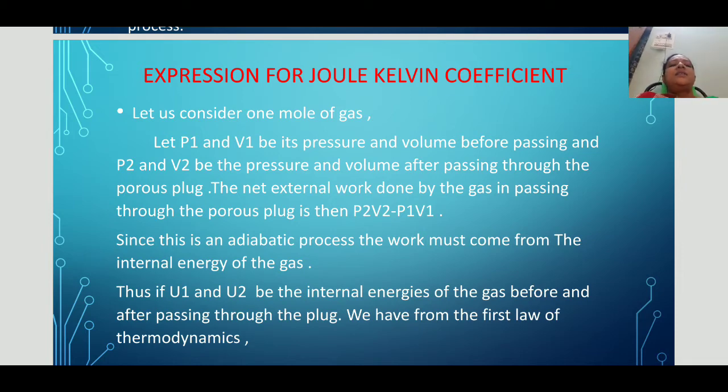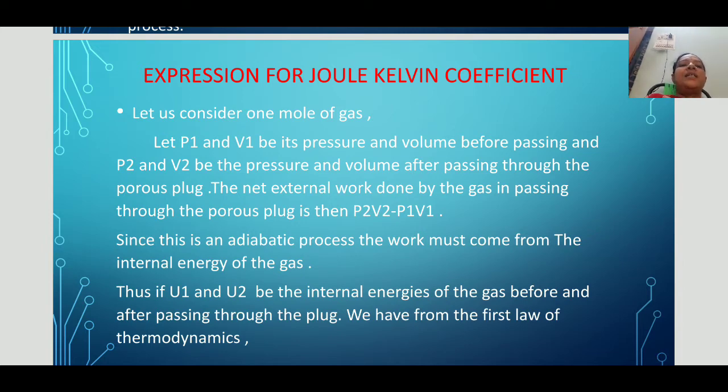When the gas enters the porous plug, what are the initial pressure and initial volume? Let P1 and V1 be the initial pressure and volume before passing. Similarly, we assume the pressure and volume of the gas after passing through the porous plug are P2 and V2.